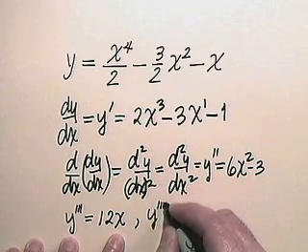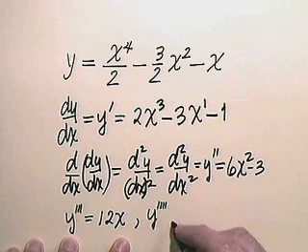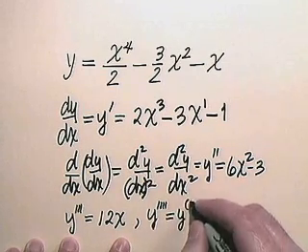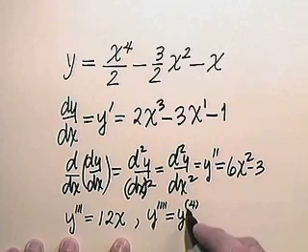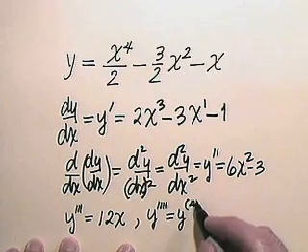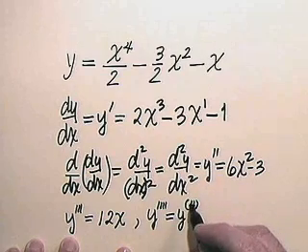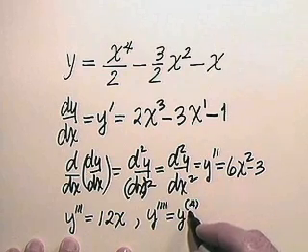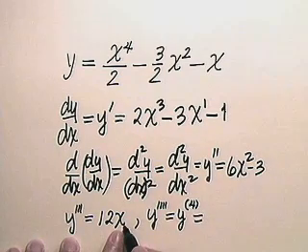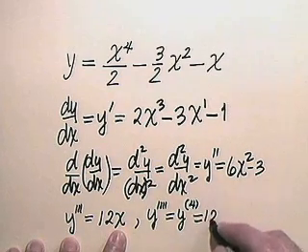I'll write them this time, but we've got 4 primes there. The way this is written would be y with a little parenthesis around the 4. In other words, you write it as an exponent, but with a parenthesis around the exponent, and that indicates the order of differentiation. So our fourth derivative of y is the derivative of 12x, which is just 12.